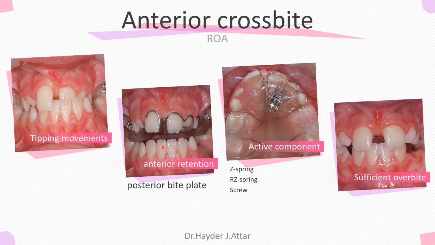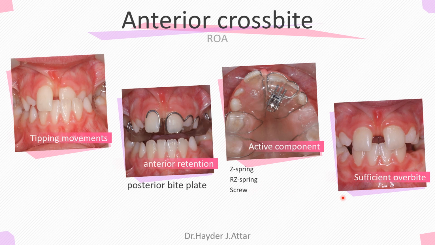The active component used in the treatment of the anterior crossbite is either the Z spring in case of a single tooth, or a recurrent Z spring when more than one tooth is involved, or a screw.